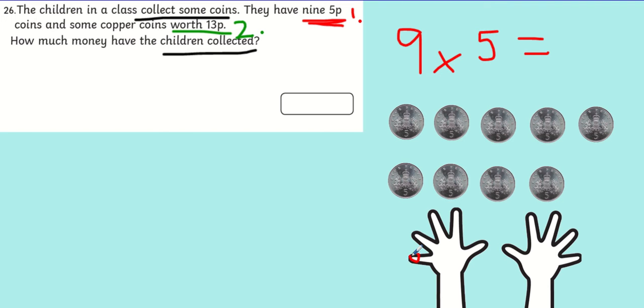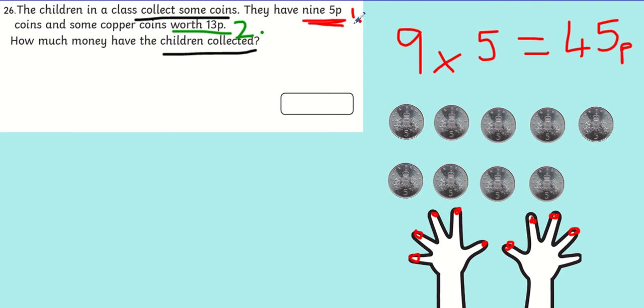Go. 5, 10, 15, 20, 25, 30, 35, 40, 45. We got the same answer both times, didn't we? So we know that we're right. 9 lots of 5 is 45. So they've got 45p made out of 5p coins, haven't they?